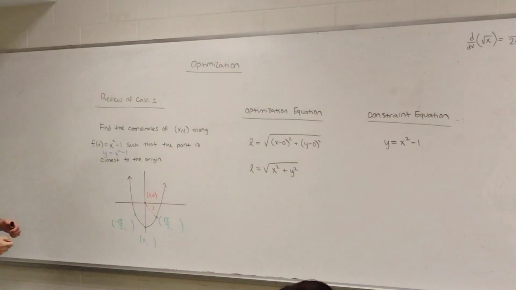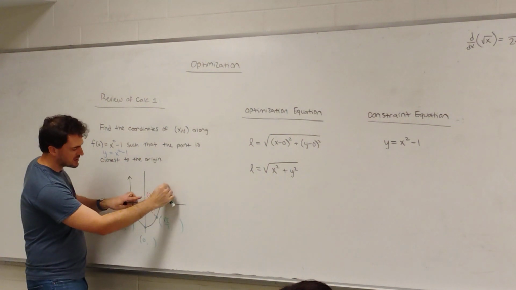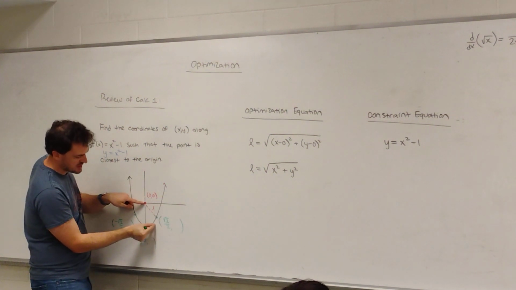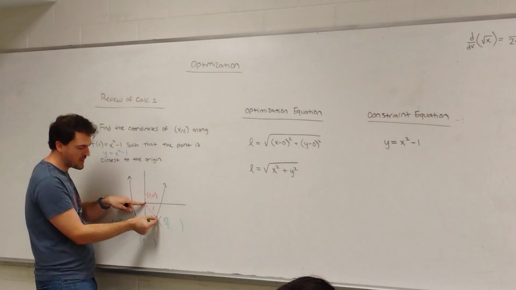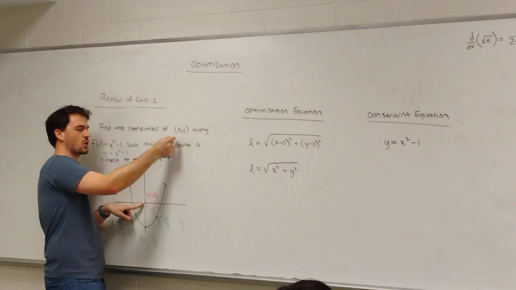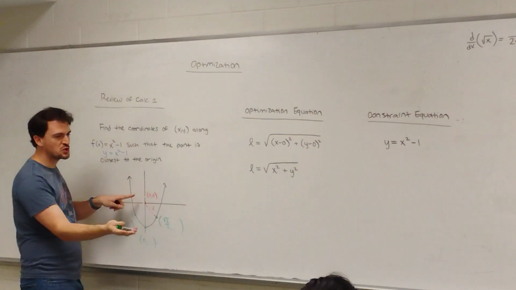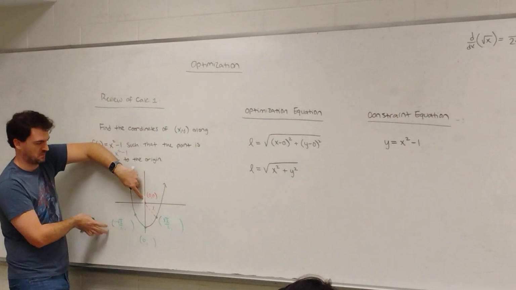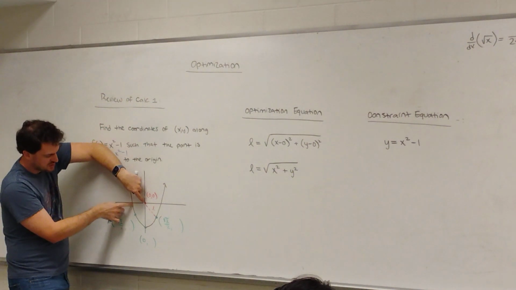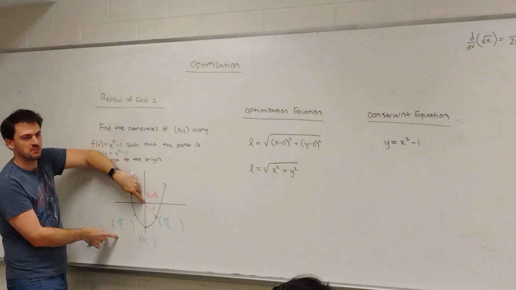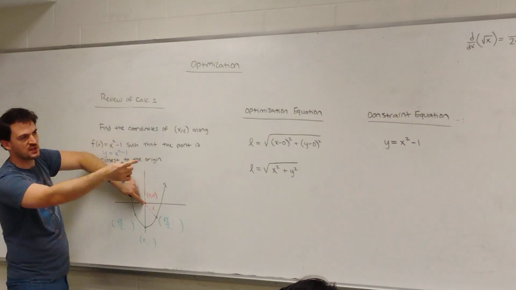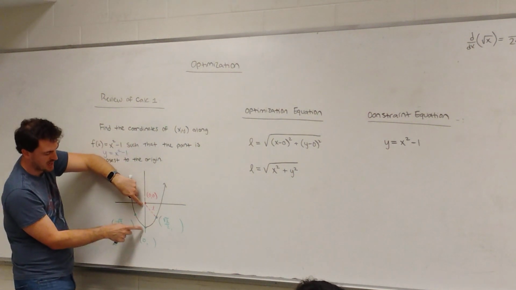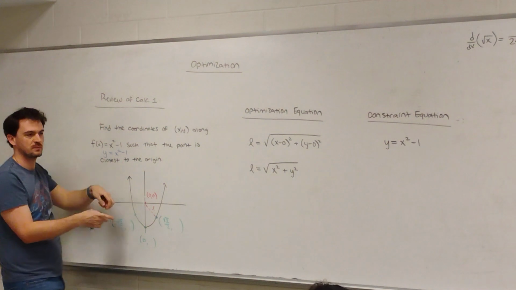And just thinking about it picture-wise, my distance is shrinking till I get to this minimum distance and then starts to go up again. And just due to symmetry, the same thing happens over here. You get the mirror image. Distance starts to decrease and then increase, so minimum. And based on that sign chart, x equals 0 is a maximum. Distance starts to increase, distance starts to decrease.